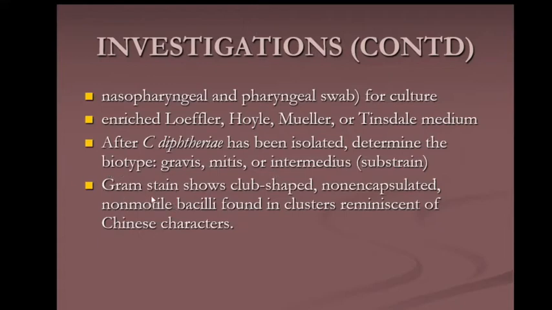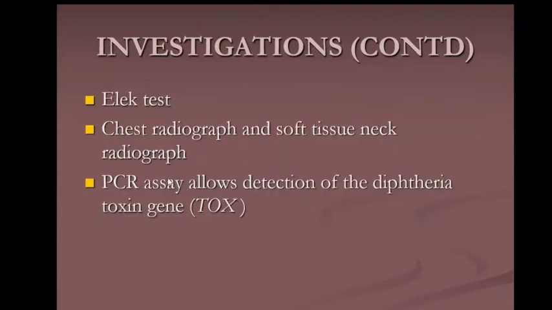If you do gram staining, from direct microscopy or from culture in the enriched media, it will show club-shaped, non-capsulated, non-motile bacilli found in clusters, resembling a Chinese letter pattern. Then we can diagnose diphtheria. Then to find out whether it is toxigenic or not, you have the Elek test.